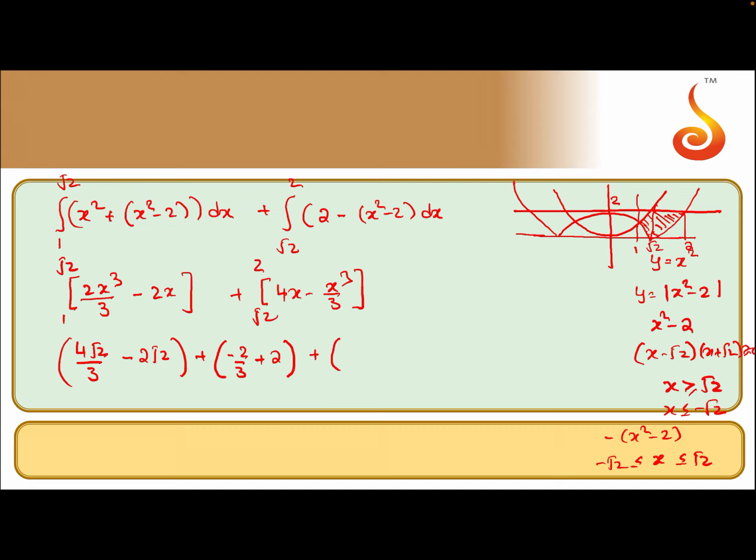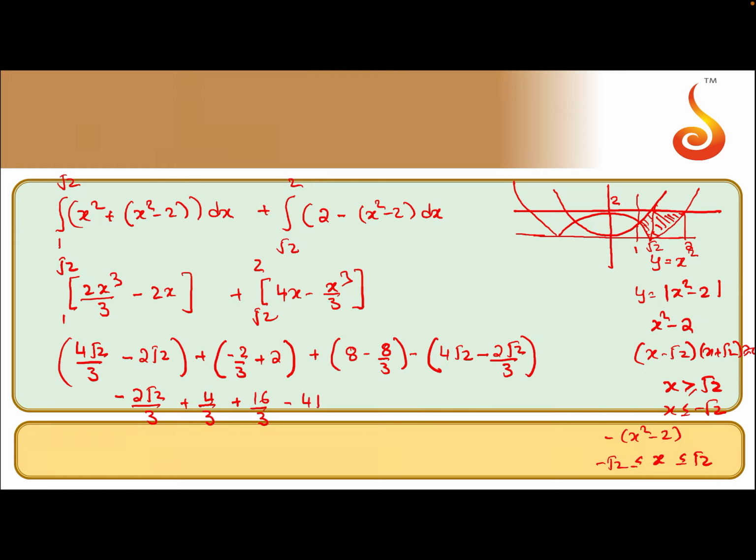Again, the upper limit will give you 8 minus 8 by 3, minus the lower limit, which will give you 4 root 2 minus 4 root 2 minus 2 root 2 by 3. So with careful calculation, this will give you minus 2 root 2 by 3 plus 6 minus 2 is 4 by 3. This will give you 8 3s are 24, 24 means 16 by 3.